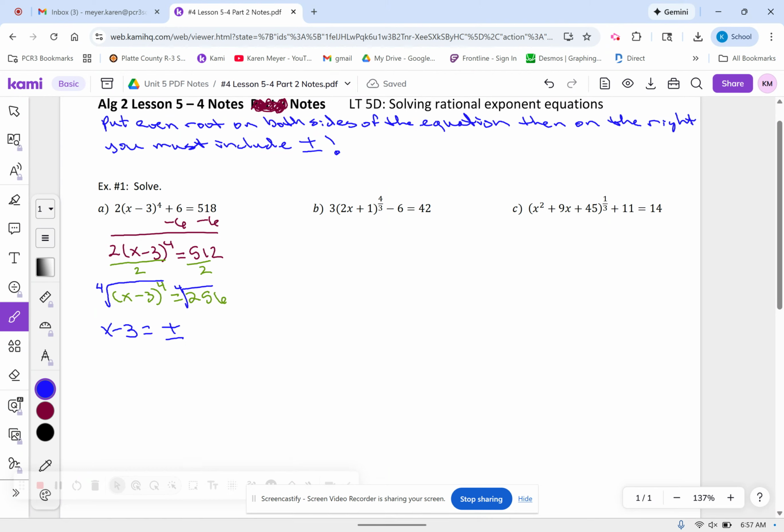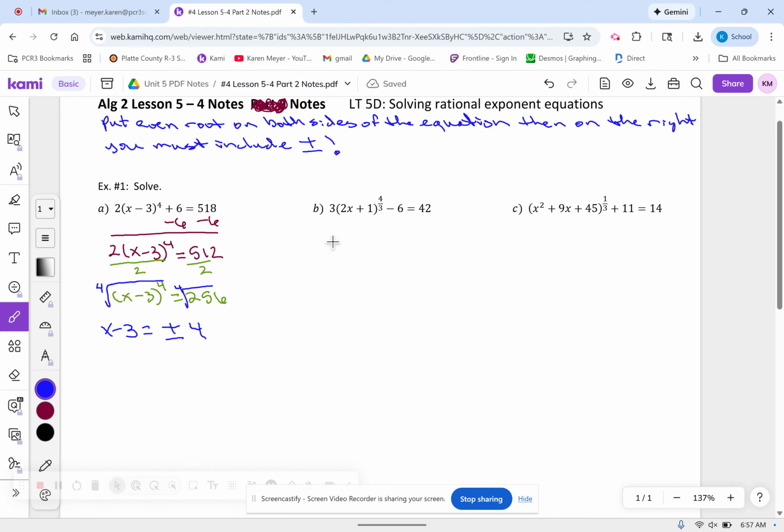Okay, and then I would type in 4th root of 256 on my calculator. So remember, in order to do that, I would type in 4, x root, 256. And if you type that in your calculator, it will give you 4.